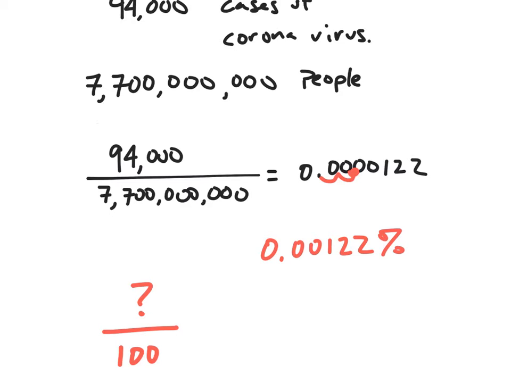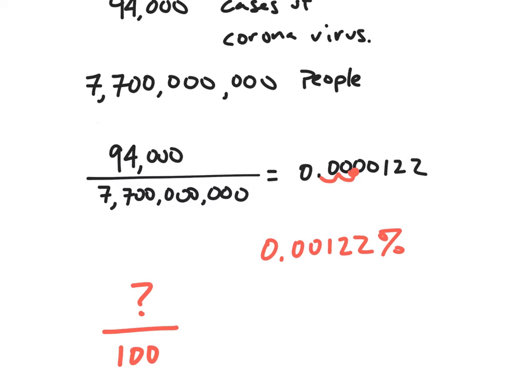Doesn't mean you can't get it. No, for sure. But it's also a very small percentage of people. Now, like you said, what's scary about this is the rate at which people are getting coronavirus. So let's talk about that.